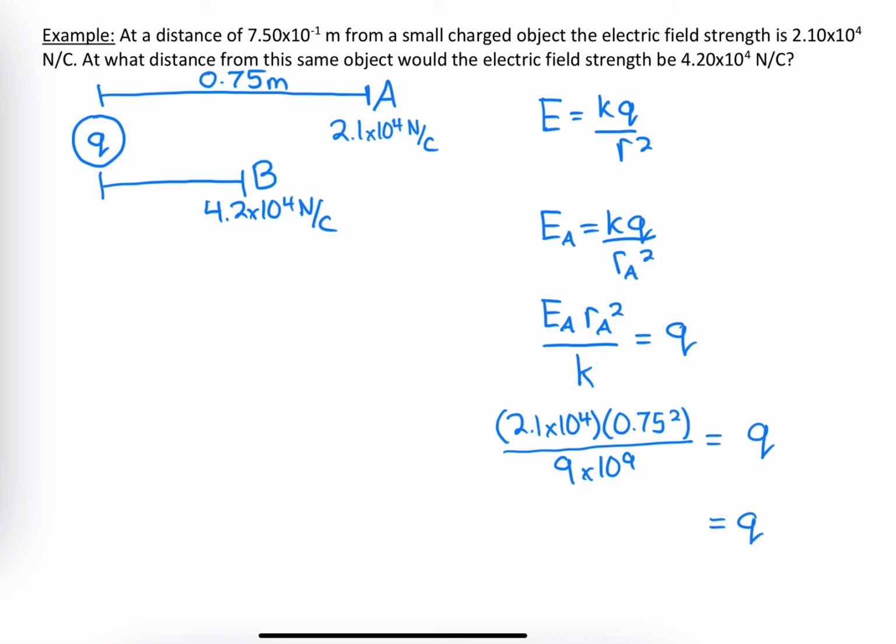That gives me Q is 1.3125 times 10 to the minus 6.